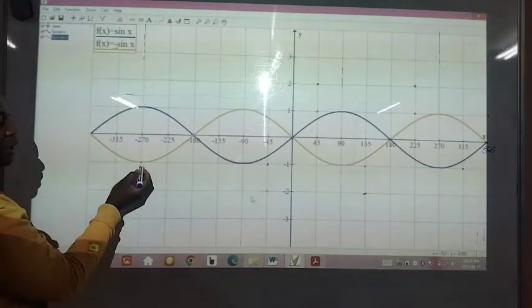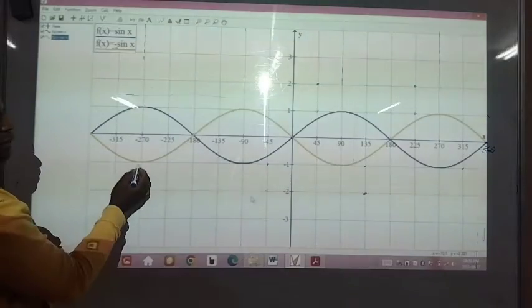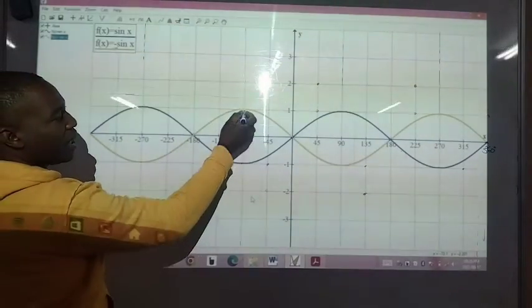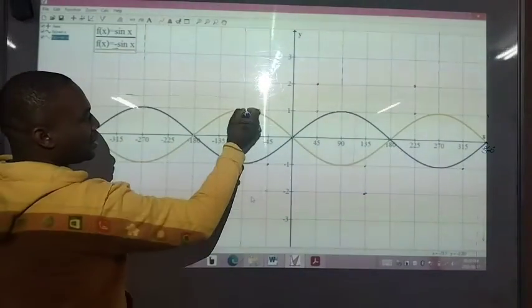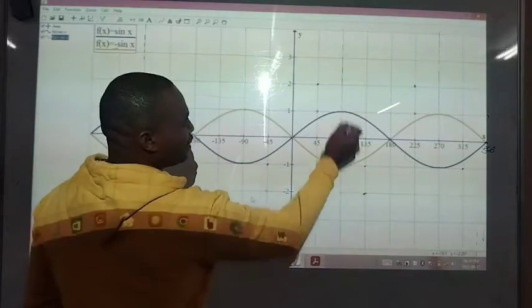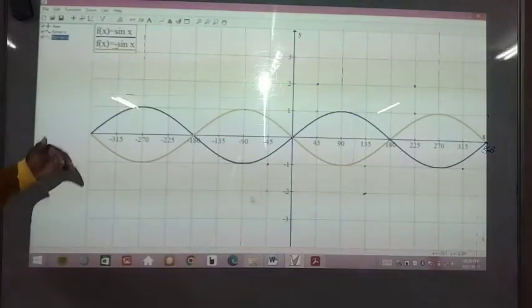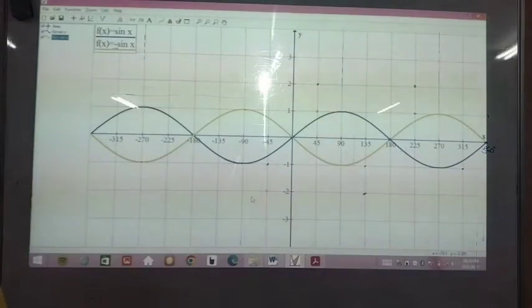It was positive 1, now it's negative 1 at negative 270. So that applies to all the points which are off the x-axis. So this is reflected to that, this is reflected to that, so basically it's a reflection. That is what is brought by the negative sign.